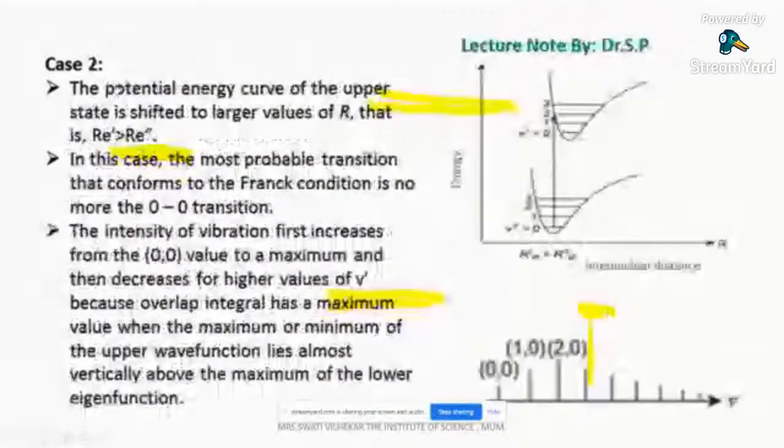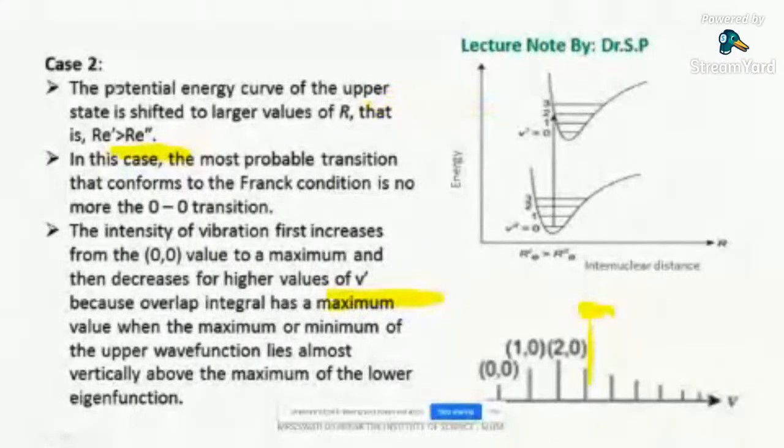Case 2. The potential energy curve of the upper state is shifted to larger values of R. That is, the internuclear distance of the upper state is larger than the lower state. In this case, the most probable transition that conforms to the Franck-Condon principle is no more the 0 to 0 transition.